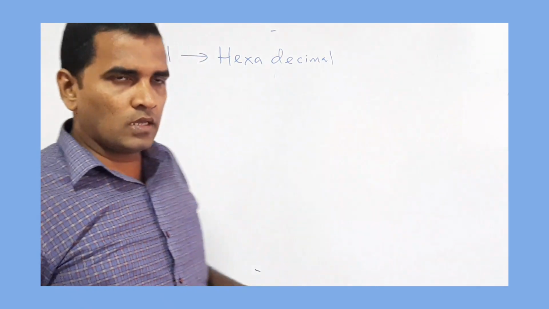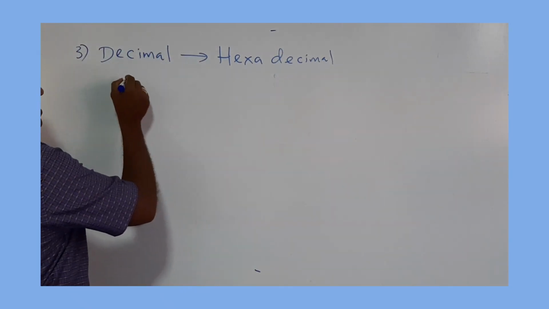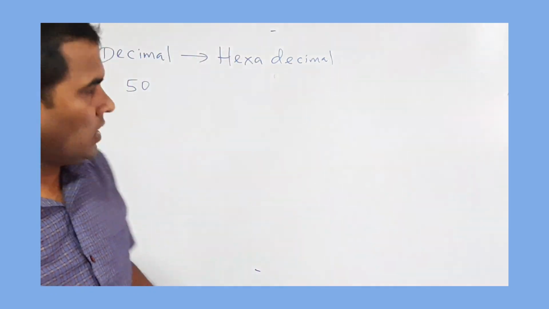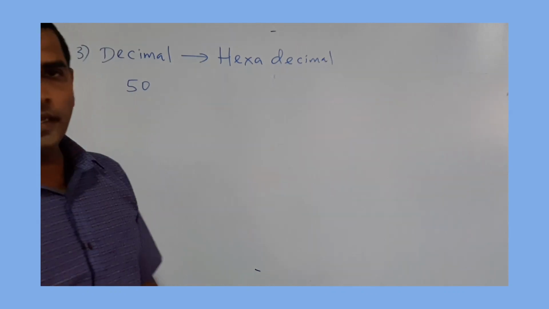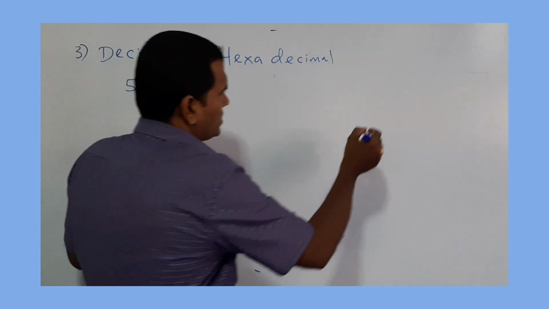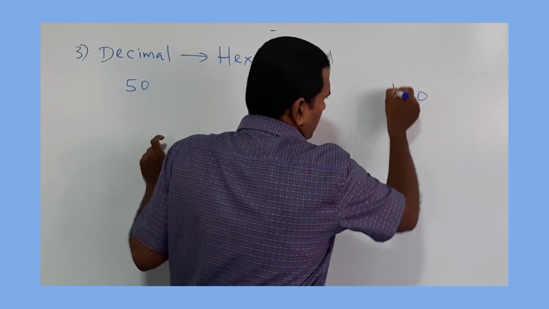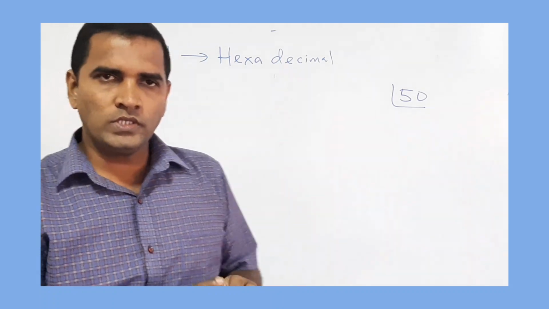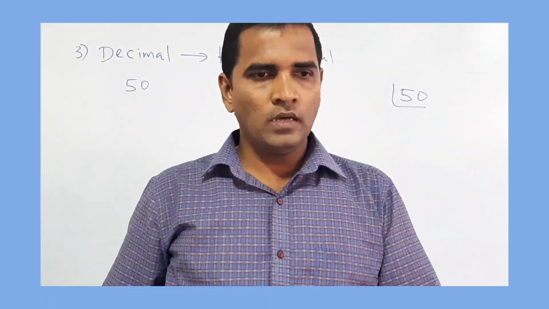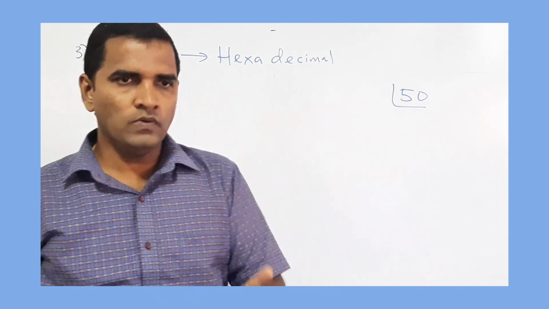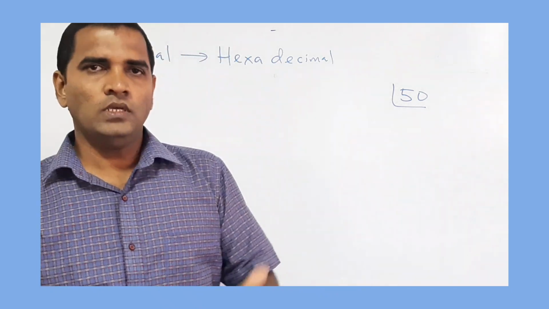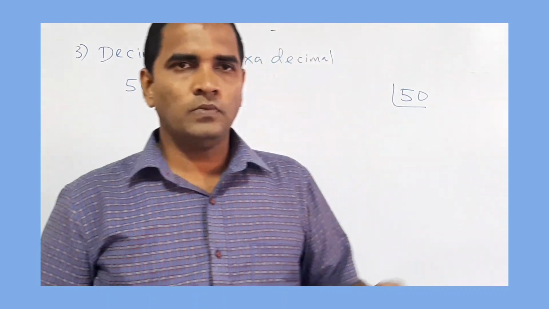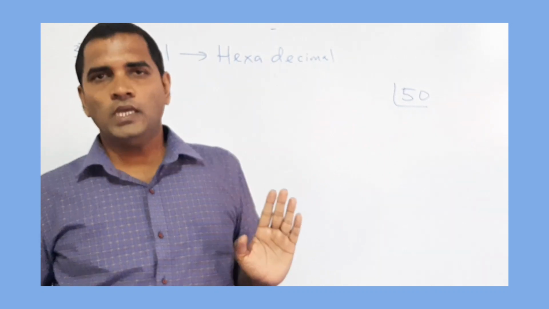So let's take a number. I take the same number as I took earlier, 50. Let's find out the equivalent value in hexadecimal. Same method. Divide that 50 by the base of hexadecimal. In the first conversion, we divided the decimal number by the base of binary, so we divided by 2. In the second conversion, we divided the number 50 by the base of octal, so we divided by 8.